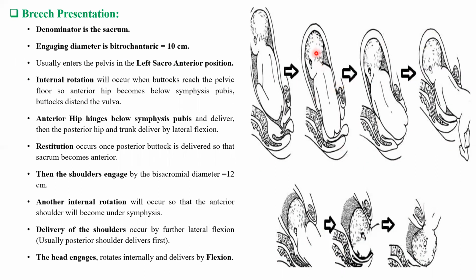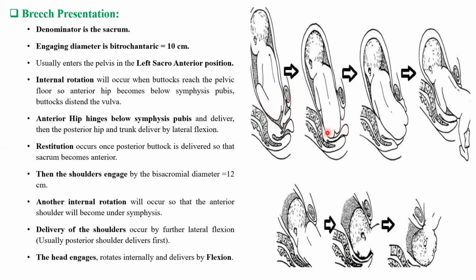So this is a longitudinal presentation, and the breech is the presenting part. The denominator in breech will be the sacrum. The bony landmark in breech will be the sacrum. The engaging diameter will be the bitrochanteric diameter, which equals 10 centimeters. It usually enters the pelvis in the left sacro-anterior position.